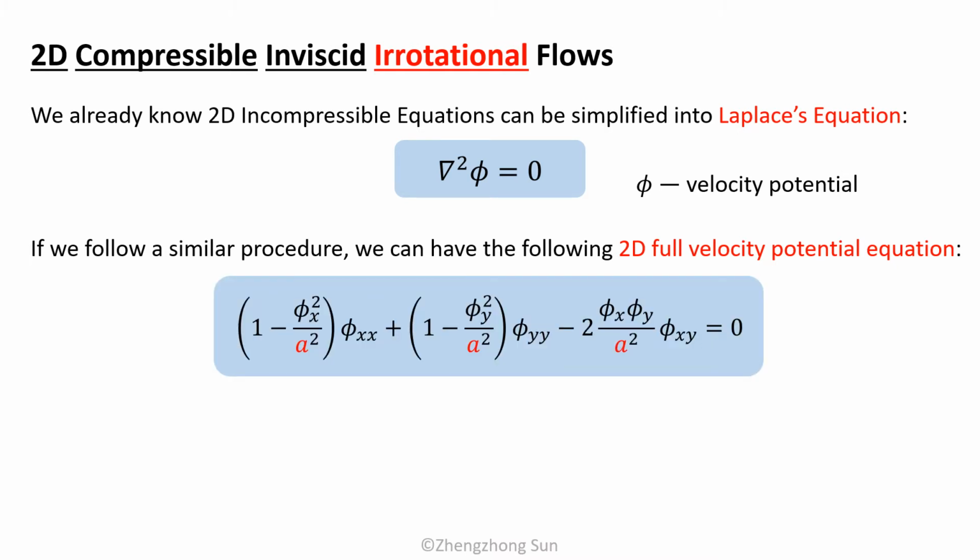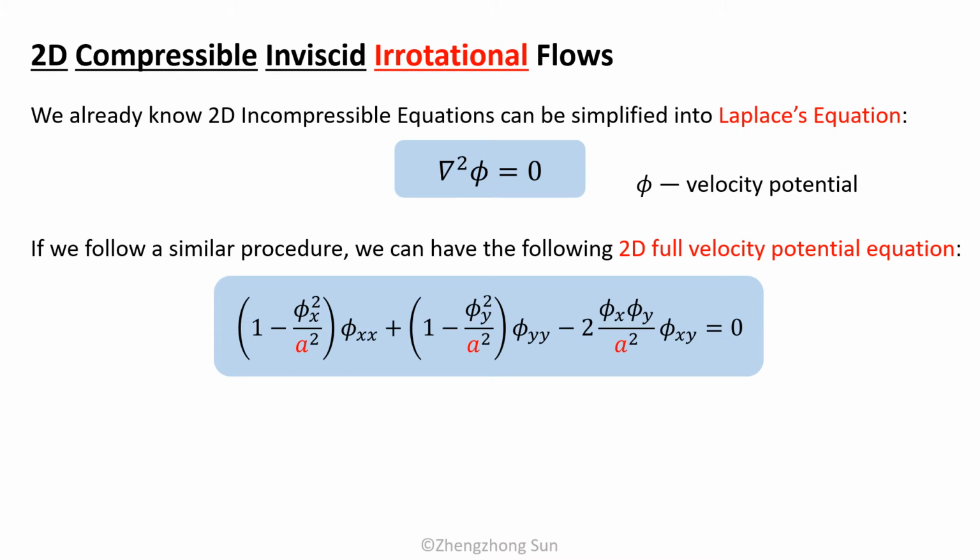The detailed derivation is not given here, but we will revisit it in the next mini lecture. You can see that the notation a is highlighted in red. a is the speed of sound, since we are talking about compressible flow. We are concerned with the Mach number, which is the velocity divided by a, the speed of sound.